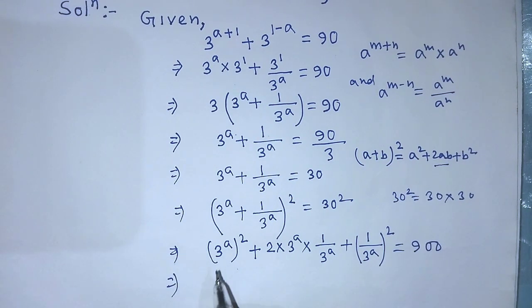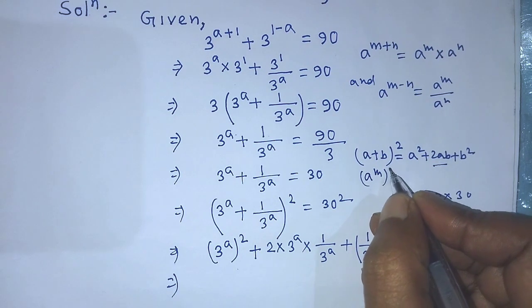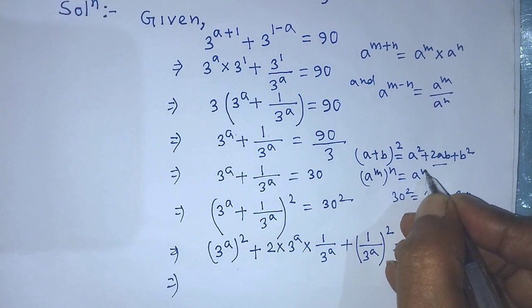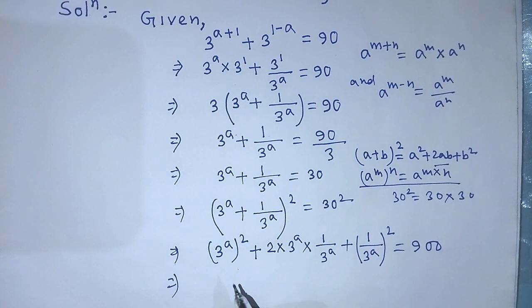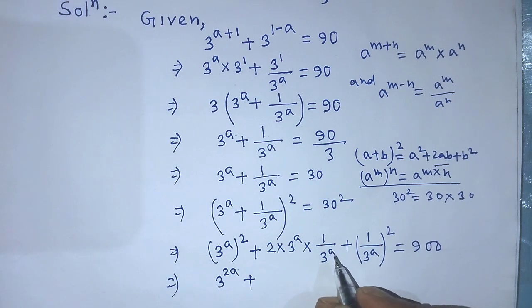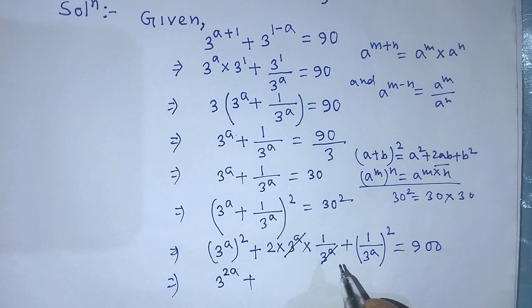So after that, to simplify this algebraic expression, we have to apply the formula (a to the power m) whole to the power n is a to the power m into n. So this formula we have to apply in the first term. So we can write in here 3 to the power 2a, plus in the second term we can cancel 3 to the power a from numerator and denominator.